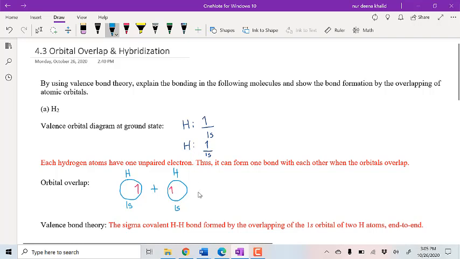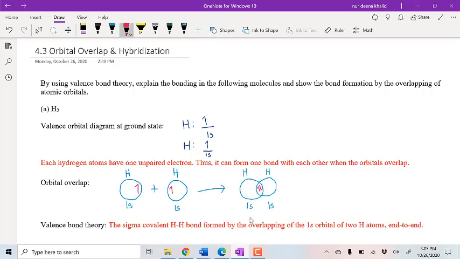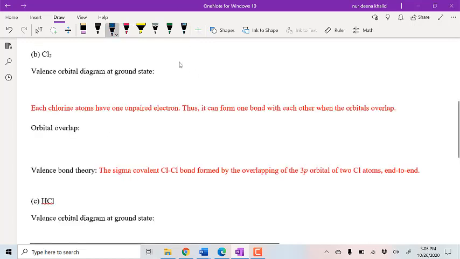After these two orbitals overlap, we will get this. So the sigma covalent bond between the hydrogen and hydrogen is formed by the overlapping of the 1s orbital of two hydrogen atoms.